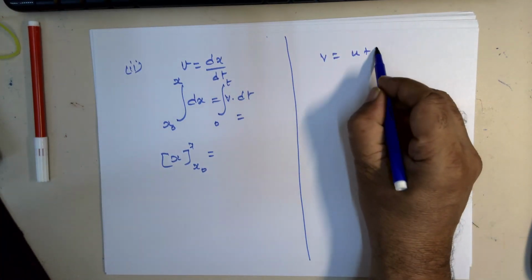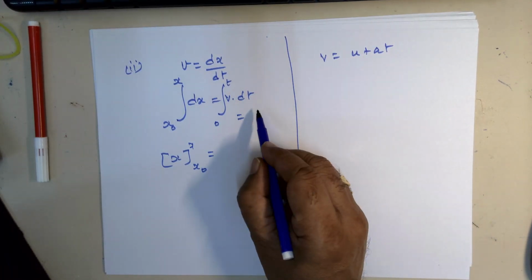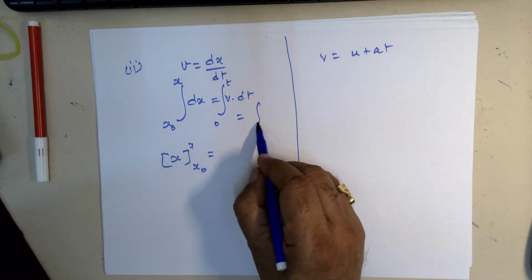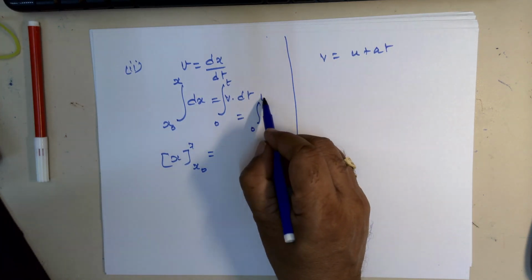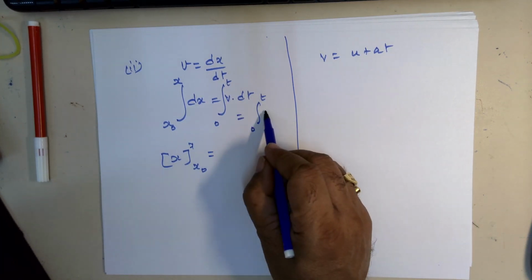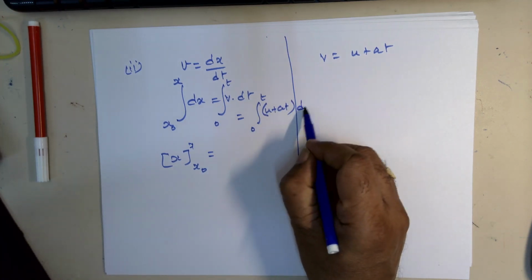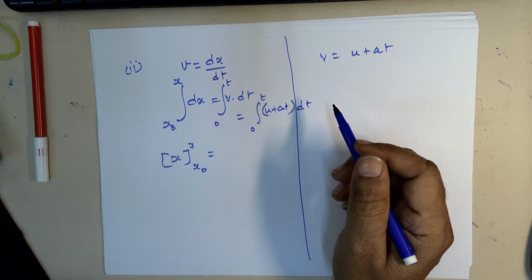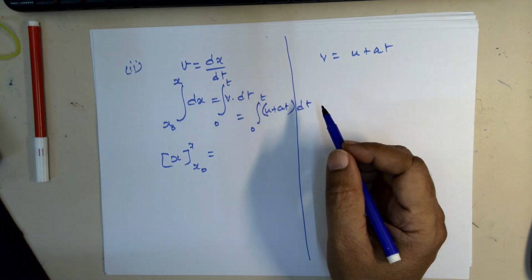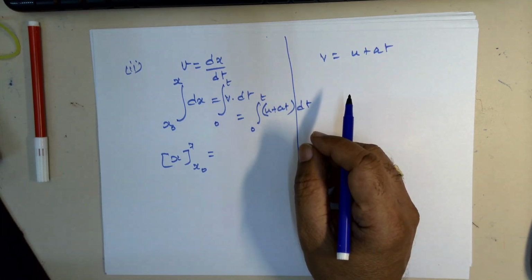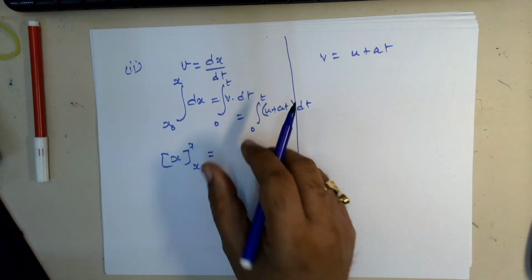v is equal to u plus at. So let us substitute this. Here the limits are 0 and t. Instead of v, you can put u plus at, of dt, right? Do you understand? Okay. Now you can expand it further.